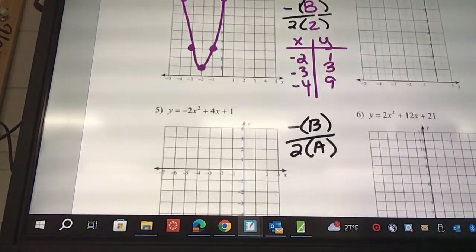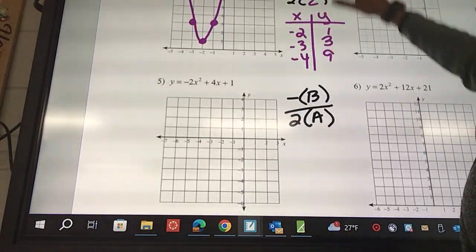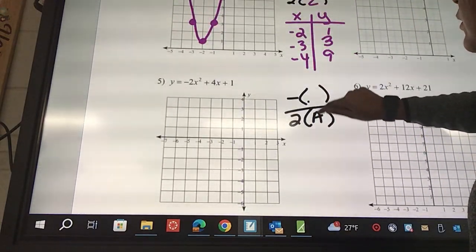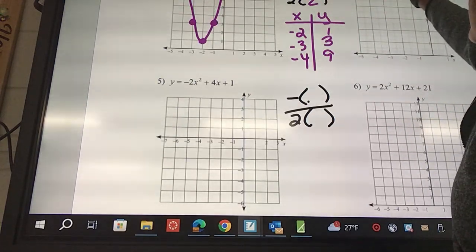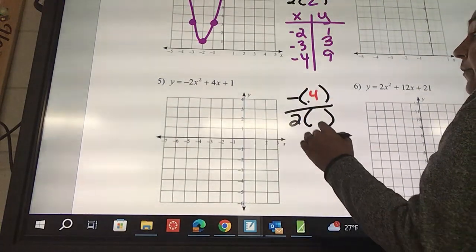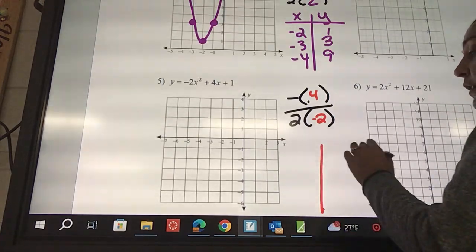Okay, number 5, I'm going to do that -b over 2a. What's my b? 4. And what's my a? -2. Plug that in your calculator, see what you get.